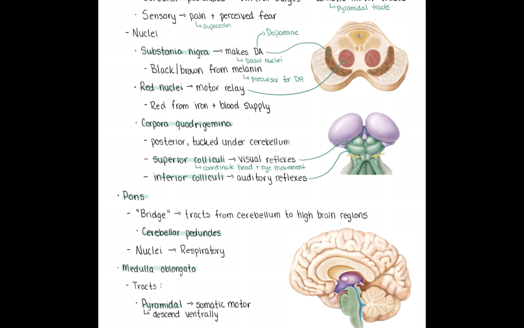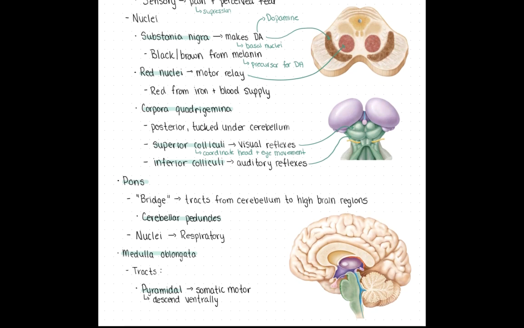Then we have the inferior colliculi, these 2 on the bottom. They're associated with auditory reflexes, especially the startle reflex. If you hear something loud, it startles you, and you automatically will turn your head towards that sound to help you localize where it's coming from.